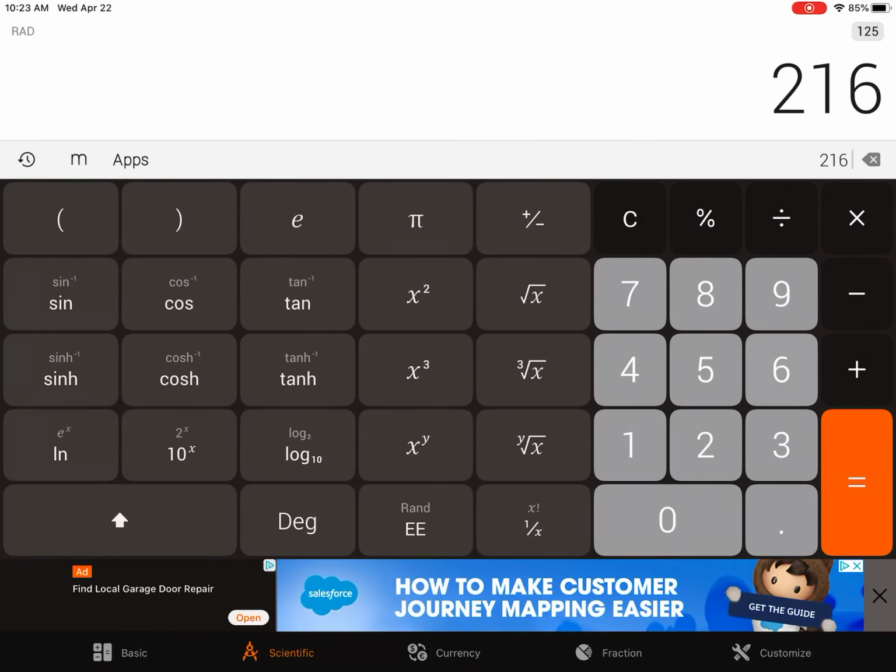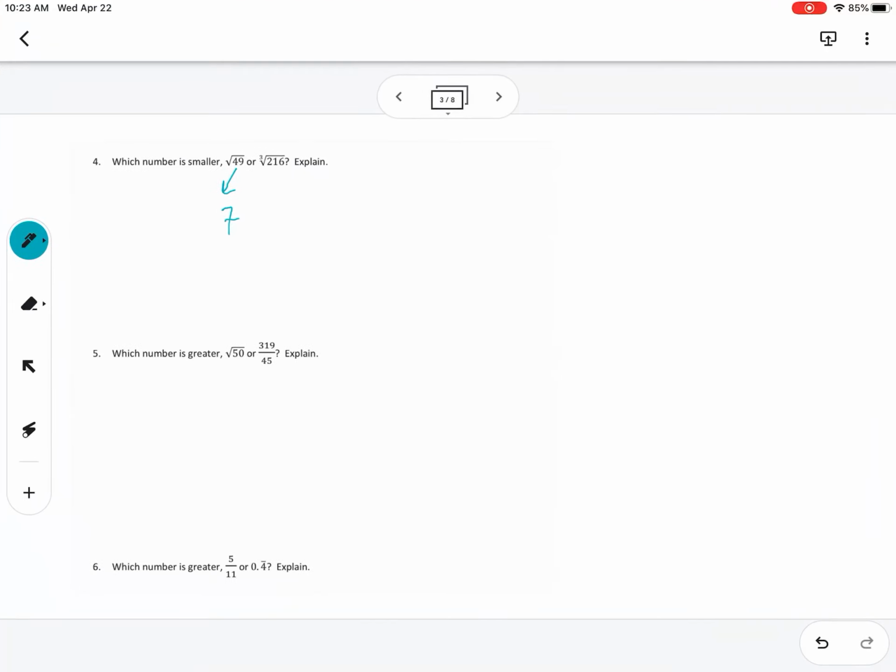So 216, and it wants the cube root, and it is 6. And let's check our work. 6 times 6 times 6. There we go. So it gets me 6, and it asks which one is smaller. So the cube root of 216 is smaller.